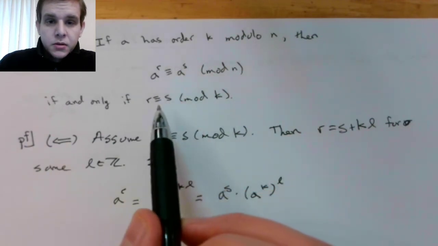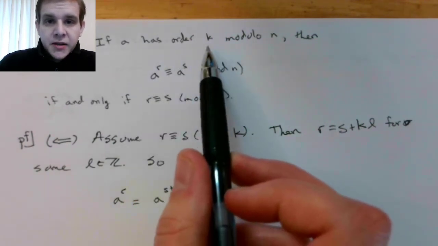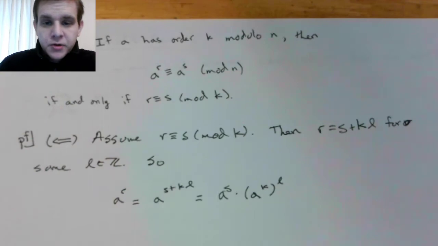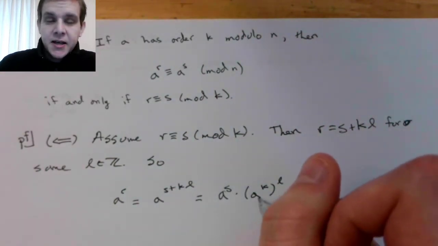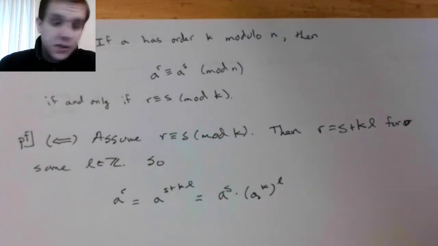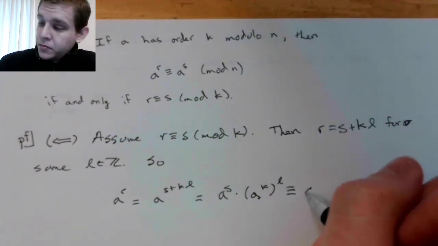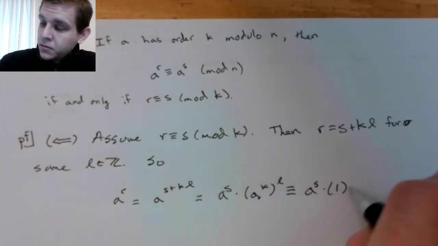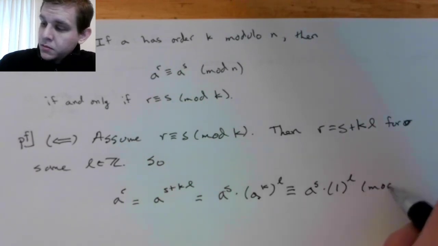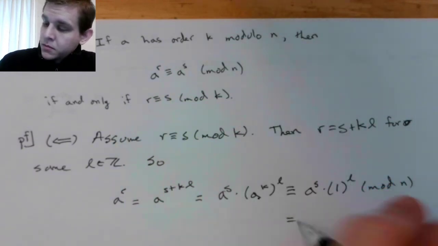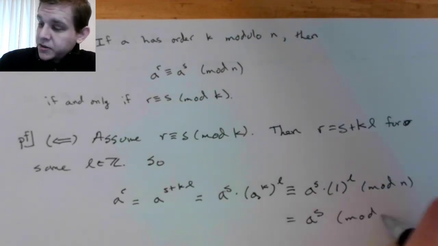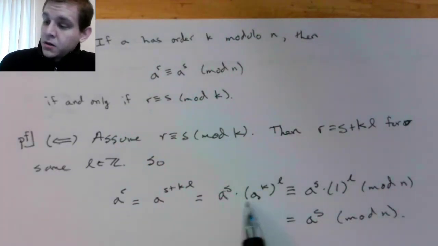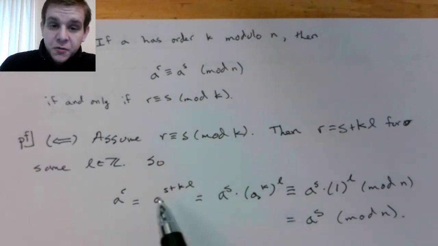But what do I know? I know that k, by definition, is the order of a. So each time I multiply by a to the k, I'm just multiplying by 1 modulo n. So this is just a to the s modulo n. This is the picture that I showed before, right?